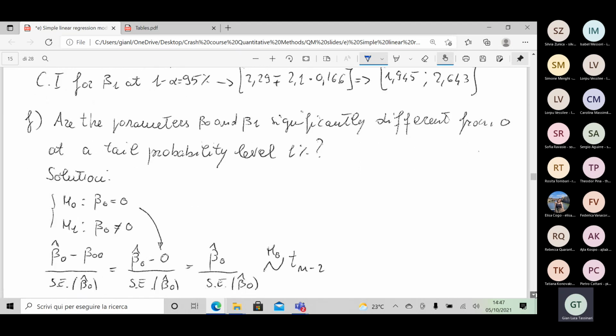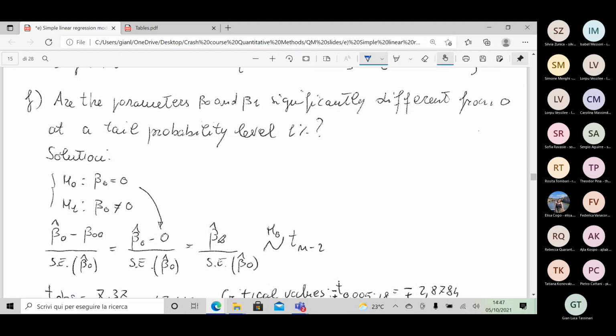So we start with this one. As I explained this morning, the test statistic, in this case, guys, the errors are normal, so we are in case A, and we know that under the null, this test statistic follows exactly a student's t with n minus 2 degrees of freedom. So it is beta 0 hat minus the value for beta 0 under the null divided by the standard error of beta 0 hat.